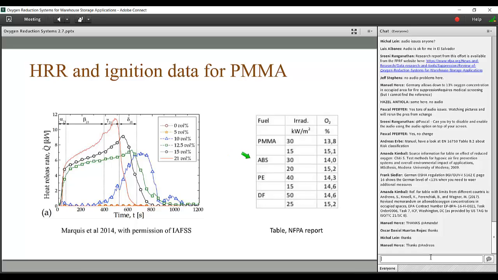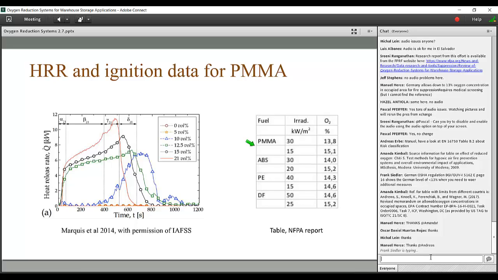You see also here some data of the levels where there is a threshold between igniting or not igniting, and I think it's important to notice, if we look again at the PMMA here, that the limiting oxygen level in this cone calorimeter reduces when the heat flux goes up. So you see here 15 kilowatts per square meter is 15% of oxygen, and 30 kilowatts per square meter is about 13.8.